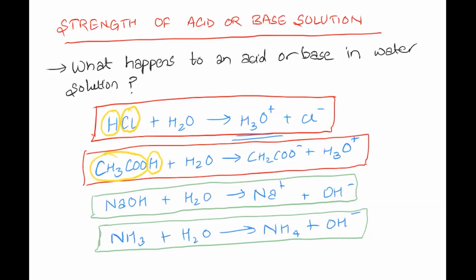So we suppose that group to be A. So acid will be of the form HA, where A is any random group. In this case, A is equal to Cl. Over here also, A is equal to Cl. Over here, A is equal to CH3COO.